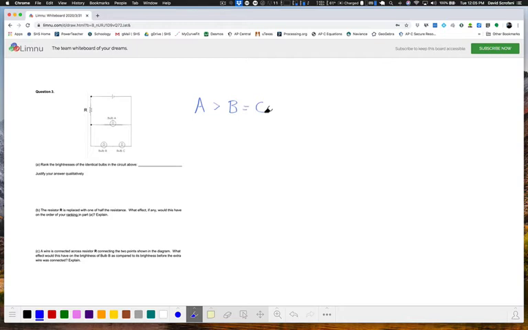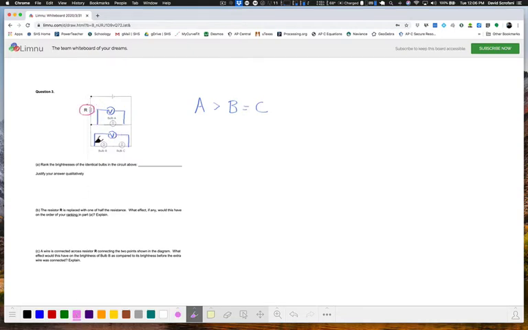Why? Qualitatively, if you just look at the way the circuit is, you realize immediately that the voltage drop across bulb A, the voltage that would be read by a voltmeter that I put here, is equal to the voltage drop across both bulbs B and C. These 2 voltage drops are equivalent to each other. Now they're not equal to the voltage of the battery itself because we've got this extra resistor right here.